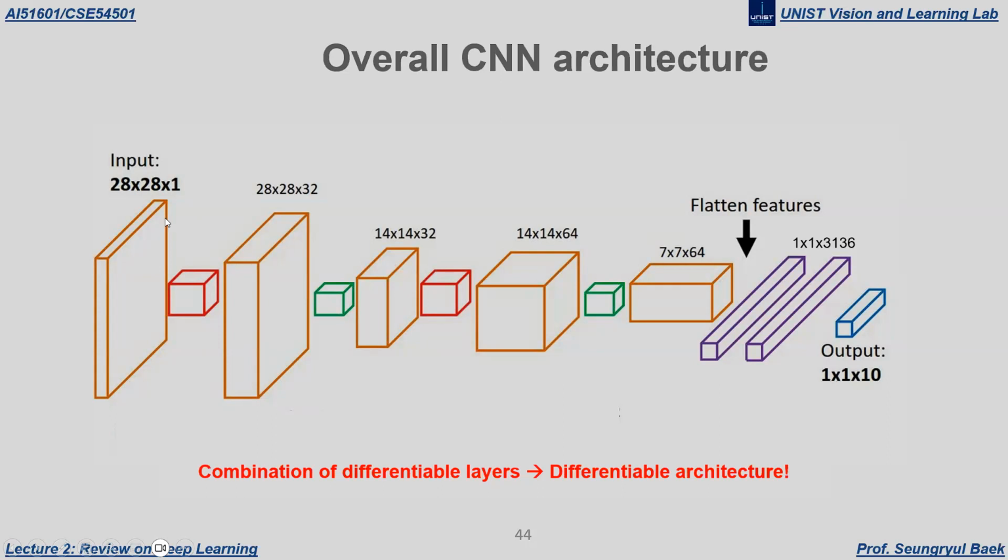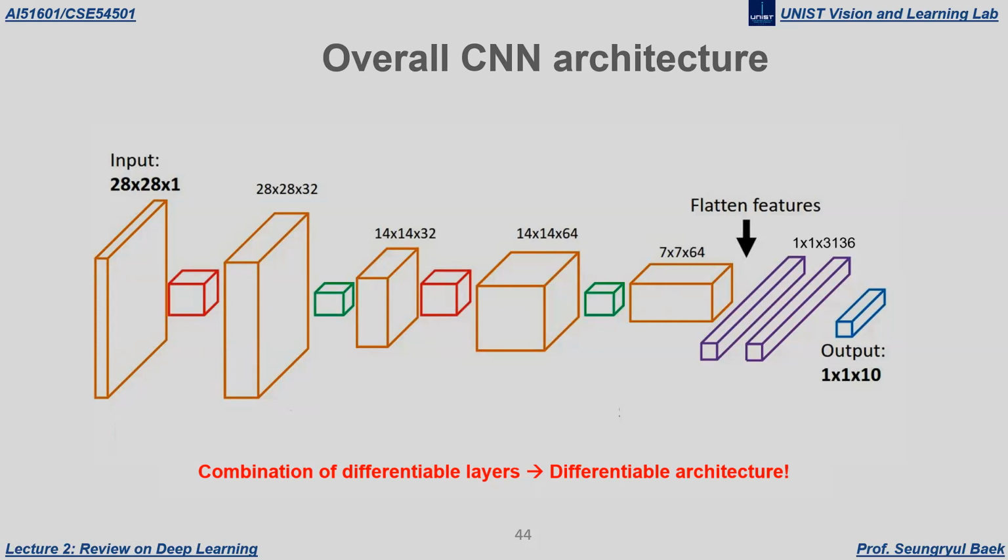You can see the input image was 28 by 28, a grayscale image having just one channel. By applying this convolution layer, you can expand the output channels, and by the pooling operation, you can reduce the size gradually. After here, you will flatten the signals.